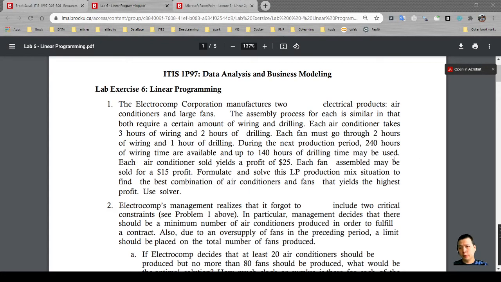Okay, this week we will talk about linear programming. Linear programming is a very useful technique, especially for planning with limited resources. Assume that you are a manager in a company. You have limited resources such as material, labor, and money. You have different products.